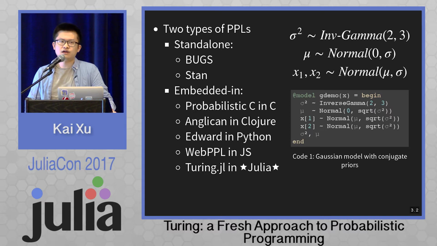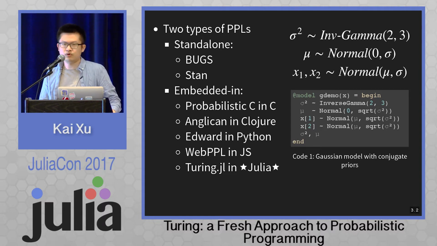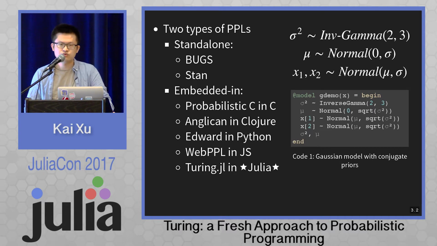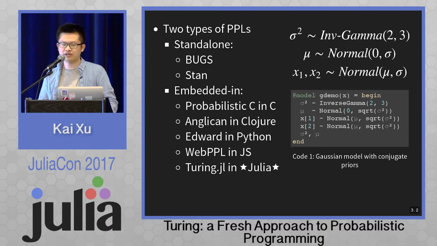They don't have their own original language, but they embed their system in a master language. For example, we have Probabilistic C in C, Anglican in Clojure, Edward in Python, WebPPL in JavaScript, and Turing in Julia.